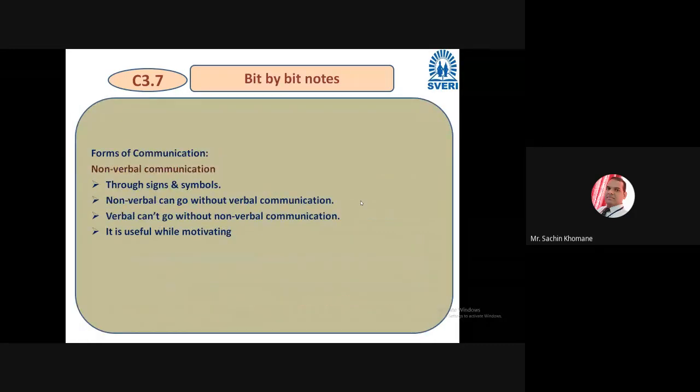And the last type of communication is non-verbal communication. So what is non-verbal? Here messages are communicated through signs and symbols. Non-verbal can go without verbal communication, but verbal can't go without non-verbal communication, and it is useful while motivating.